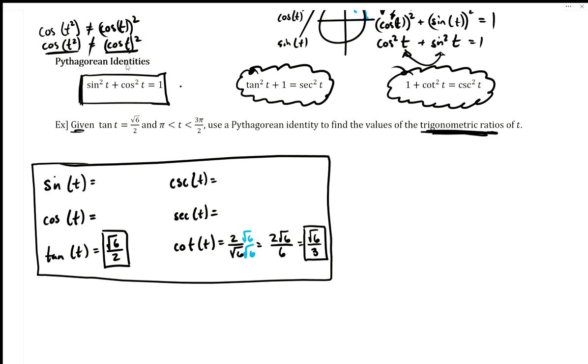All right, so they give us tangent. Now, don't fall for this mistake. Don't say, oh, if they give us tangent, that must mean this numerator is sine and the denominator is cosine. No, that's never really going to be true. This tangent answer that I'm boxing and making bolder is a simplified fraction. One reason that these are definitely wrong, so sine of t and cosine of t, is our unit circle.